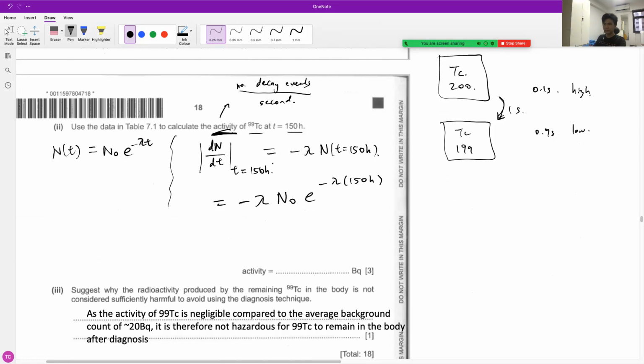So we need to know a few quantities: we need to know lambda, and we need to know N0.